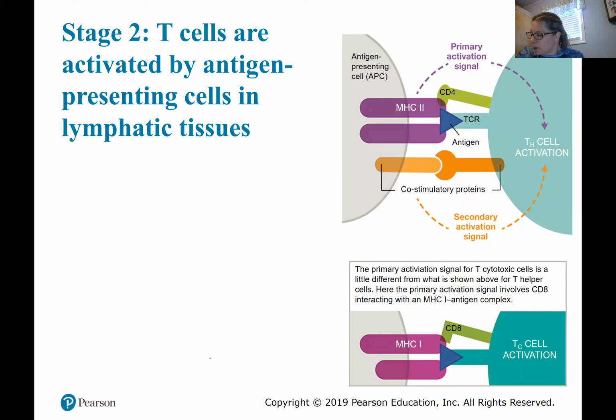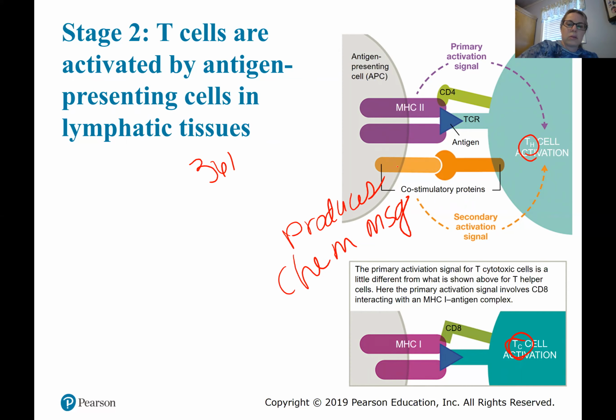Okay, so during this time, this is on page 361. This is the helper T cell. That's the cytotoxic T cell down there. And this helper T cell is going to start producing chemical messages, okay, that are going to not only activate the helper T cell, but also activate the cytotoxic T cell as well.